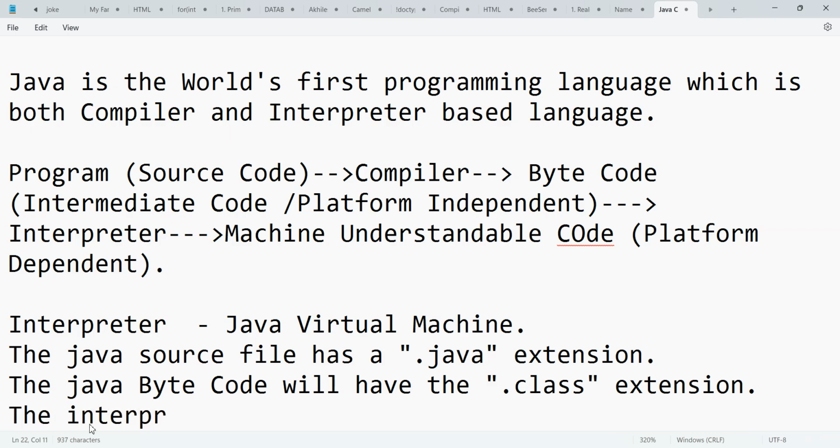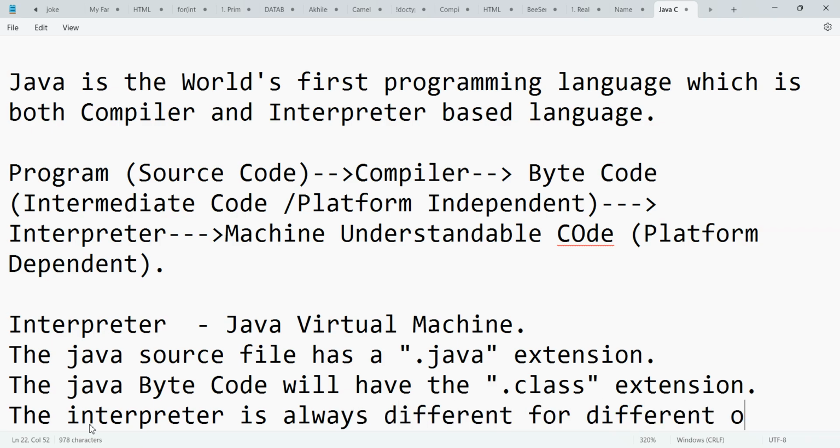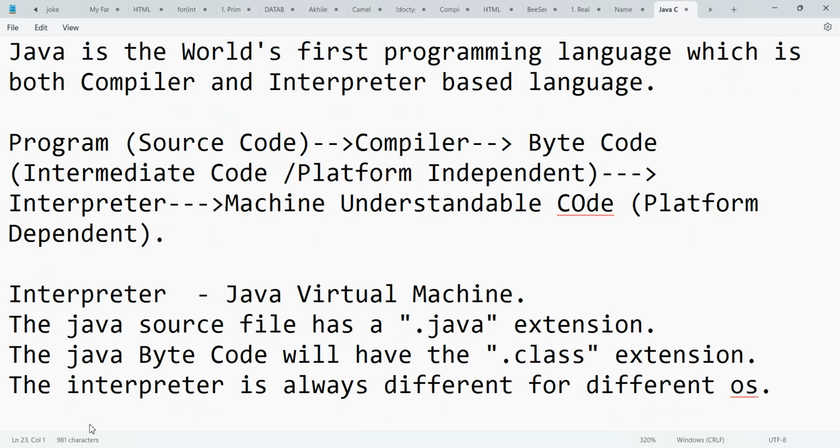The interpreter for Windows would be different, for Unix it would be different, for Macintosh it would be different. So what is this interpreter actually?